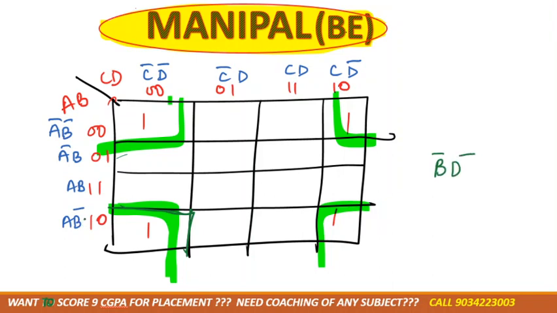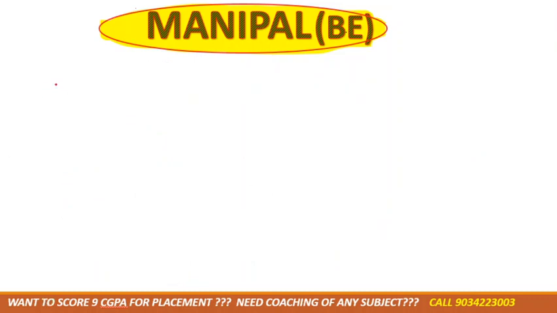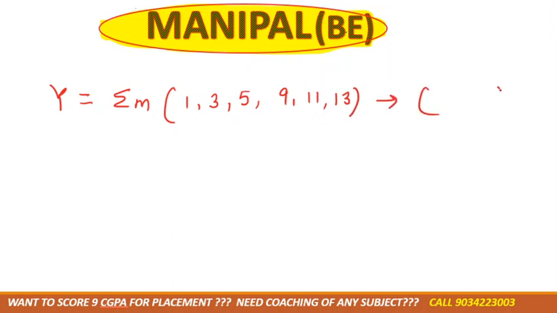Now see how we will give this. Y is equal to m1 5 9 13, and they'll say to you that you have to realize it by using K map.